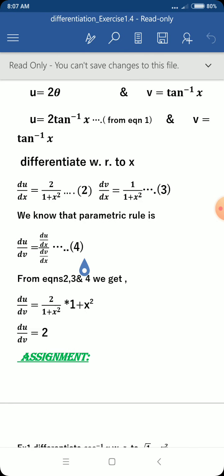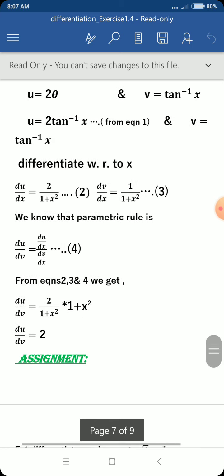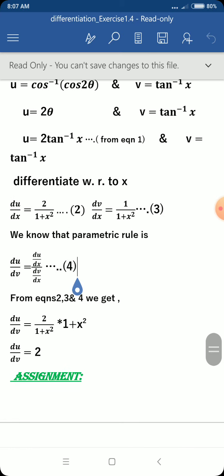Now from equations second, third and fourth we get du upon dv equal to the value of du upon dx, which is 2 upon 1 plus x square, upon 1 upon 1 plus x square.